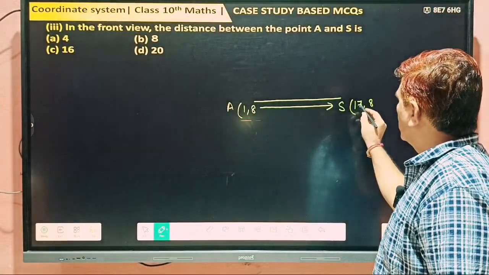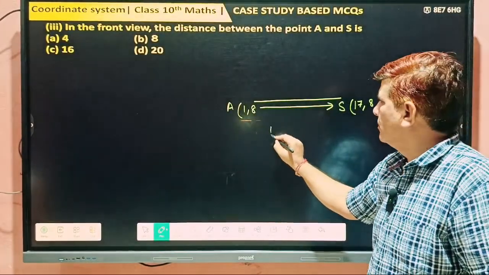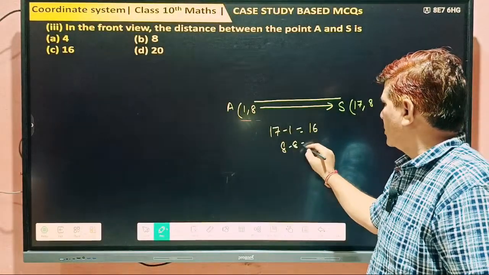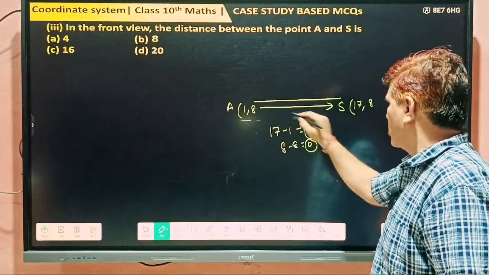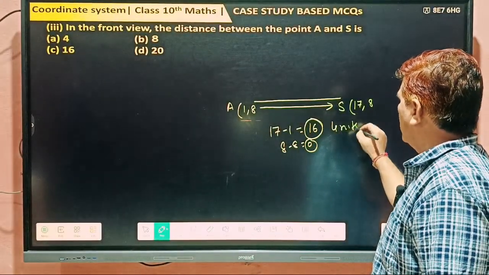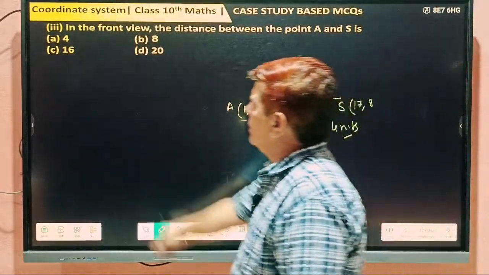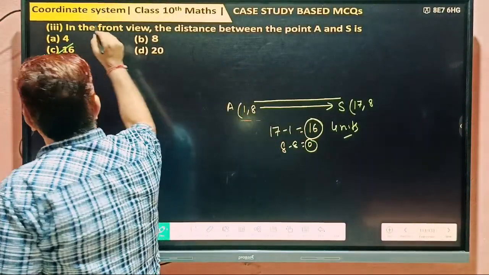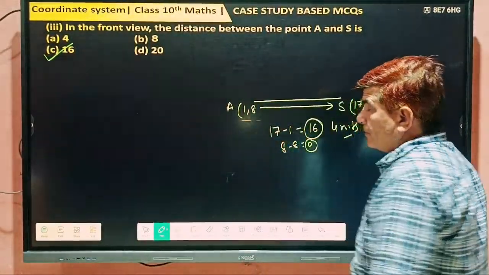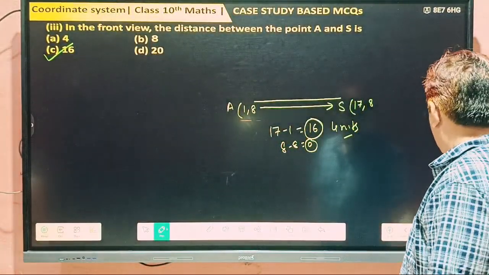So it means 17 minus 1, 16, and 8 minus 8, 0. So how many units? 16 units. The distance between these 2 points is 16 units. Got it or not?